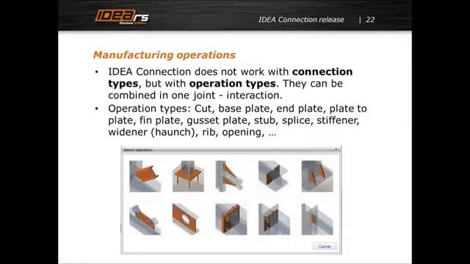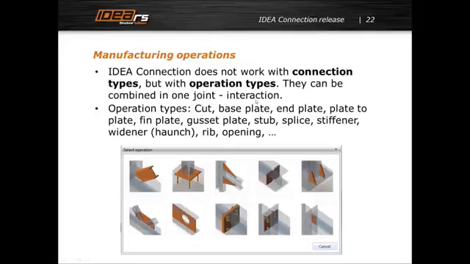Why? How we construct the joints. All software on the market work with connection types. In such programs you can have a list of connection types. You can choose one of them and have the solution for this type.